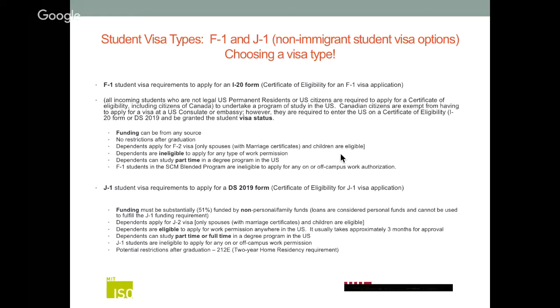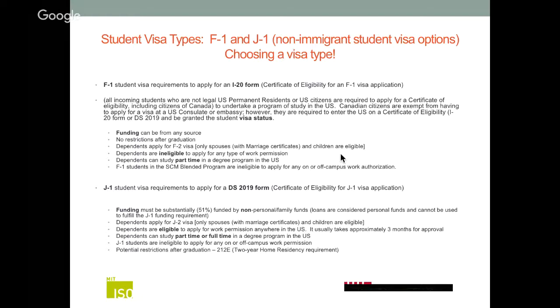However, I just wanted to give you that information. So dependents are eligible to apply for work permission, and they can also study full-time. Again, like the J1 students in this program, due to it being very short, are not eligible to apply for on-campus work or off-campus work, again, because it's a short program.